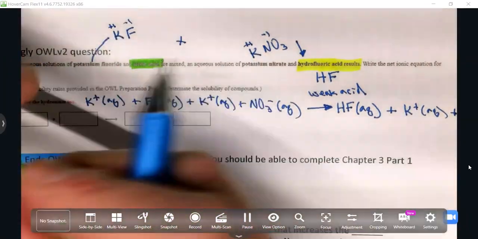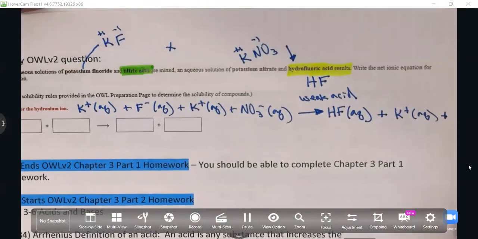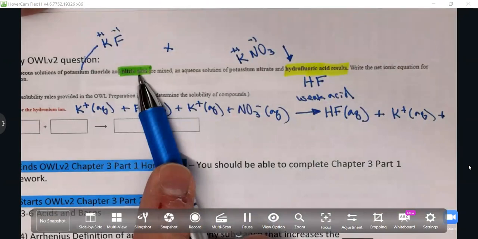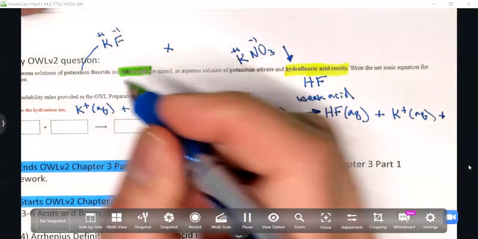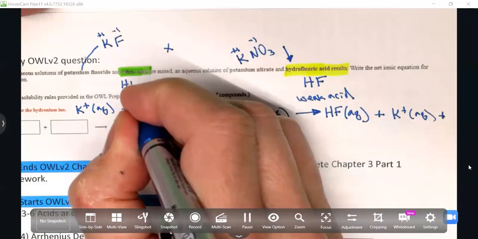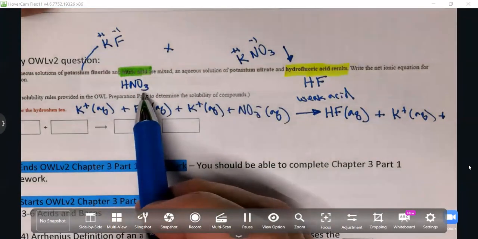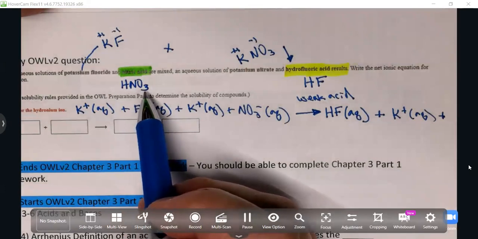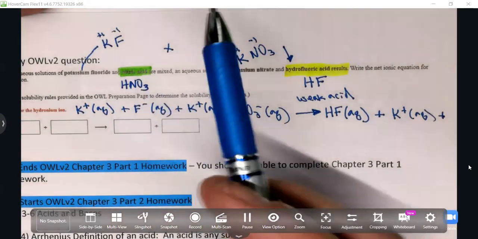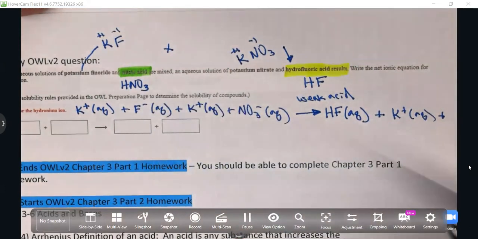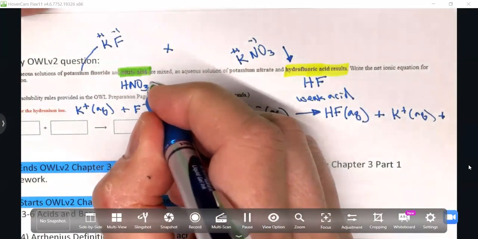I was wondering where the hydrogen's coming from. Nitric acid, strong or weak? Let's write the formula out for that. Boy, I missed that completely. My bad. Hydrogen nitrate, strong or weak? This is a strong acid. Why is it strong? You get two more oxygen than hydrogen. Okay, so that's strong.